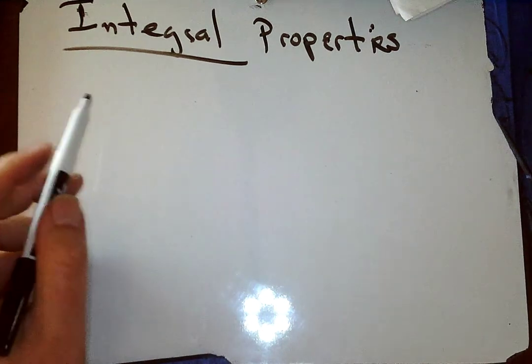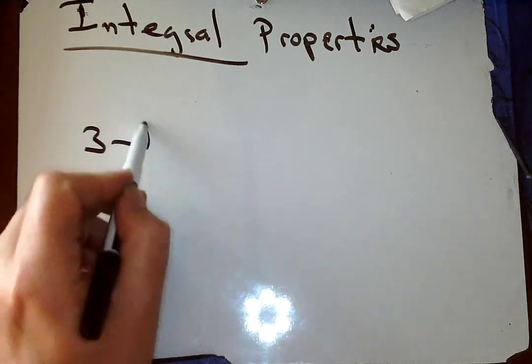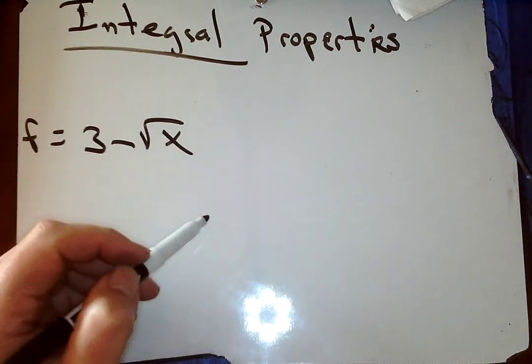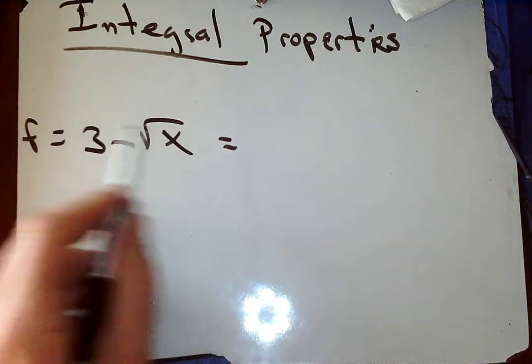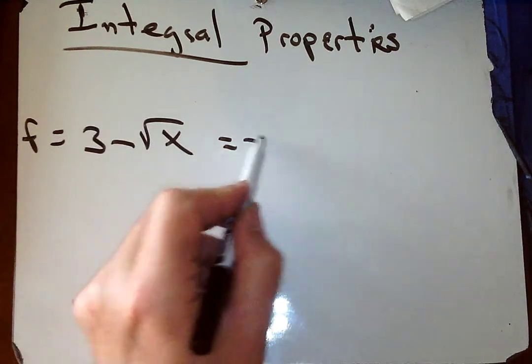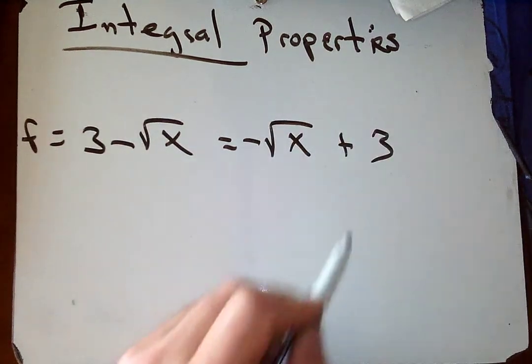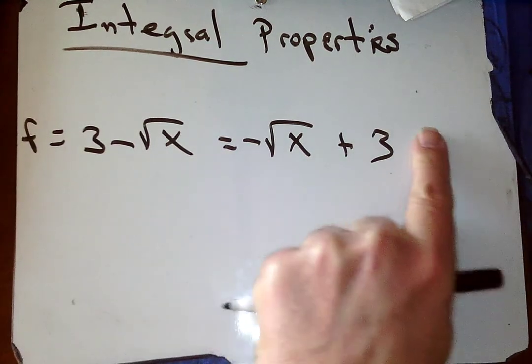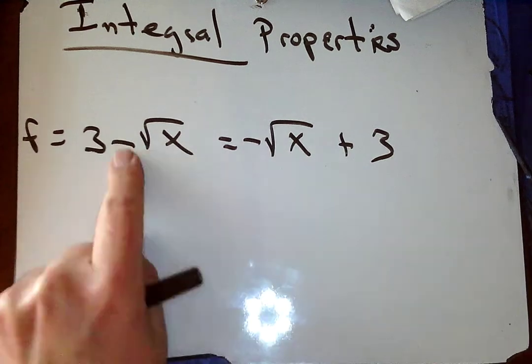Sorry, I want a commutative property of addition to say 3 minus square root of x. And I want you to graph this thing. Well, it's hard for people to think like this, but much easier for people to think like this. Oh, I multiply the y's by -1 and add 3 to them. So I had to use the commutative property of addition.